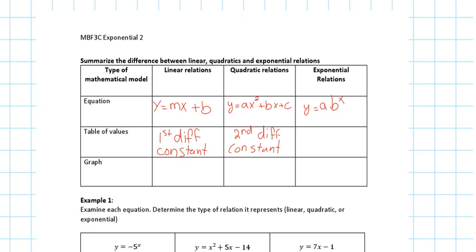First ratio. How is your graph going to look if it's a linear function? Straight.